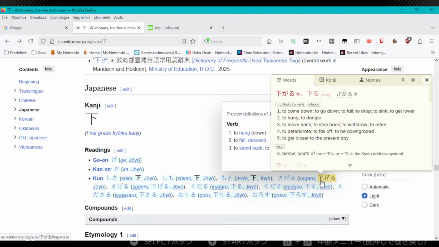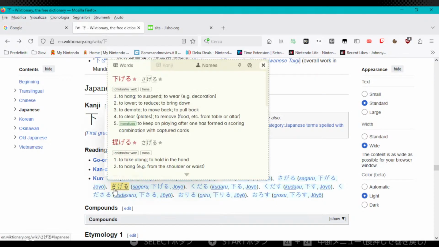To come down, to go down, and so on. Sageru, to lower, to bring down. So the first one is intransitive and the second one is transitive. That is, the first one doesn't go with an object, while the second one requires an object.